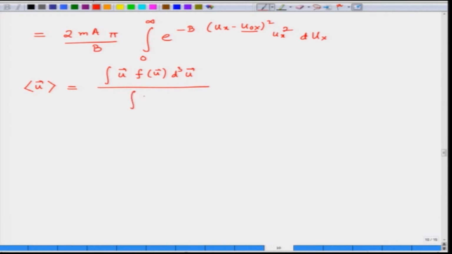So, it will be simply phi d cube u. If you calculate this integration, you will see that this will simply be equal to u 0. That gives you the physical significance of u 0.